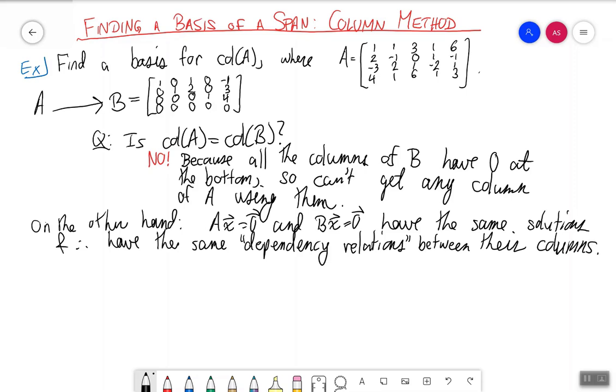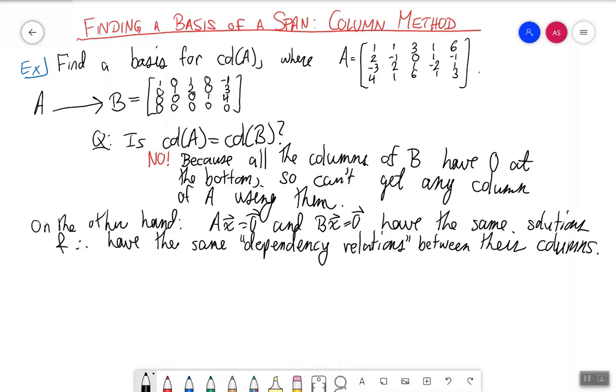So in other words, if a linear combination of the columns of A with a certain set of coefficients gives you 0, those same coefficients, when I make a linear combination of the columns of B, will give me 0 also, and vice versa. I'm going to use this fact to find a basis for the column space of A.